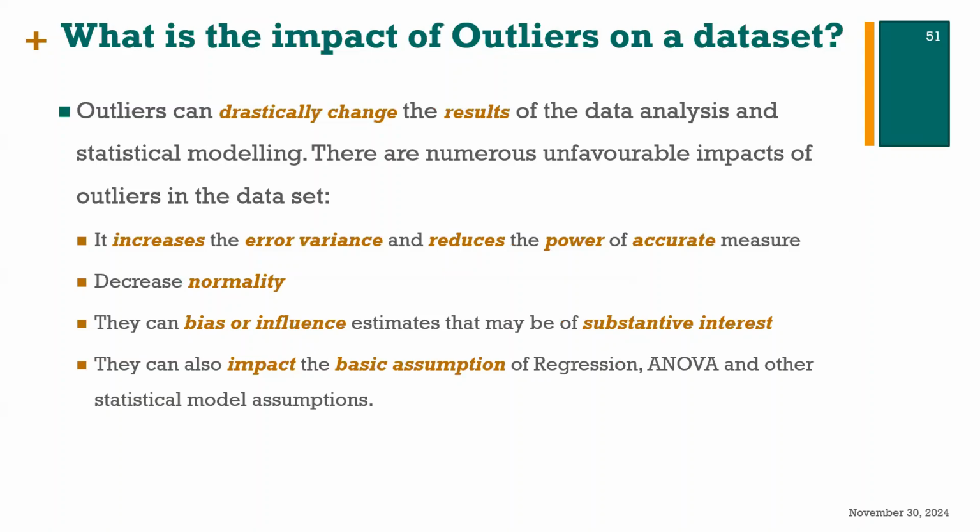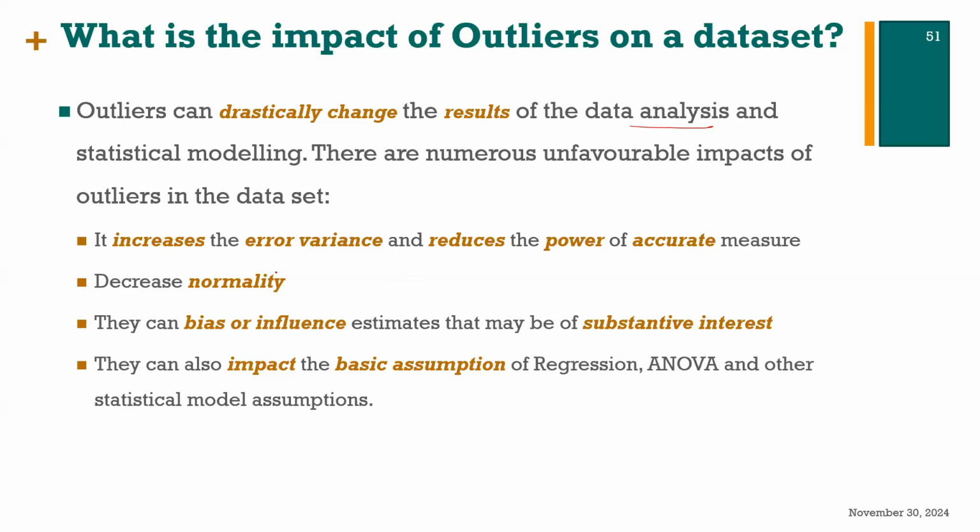We now look at the impact of outliers on the data set we are modeling. We said outliers can drastically change the result of the data analysis, and we are going to see an example shortly, and the statistical modeling we try to do.